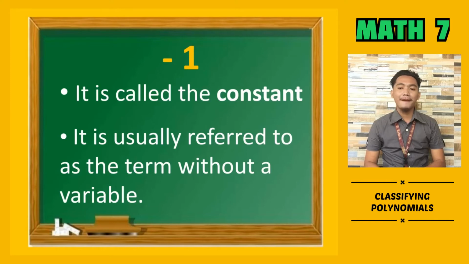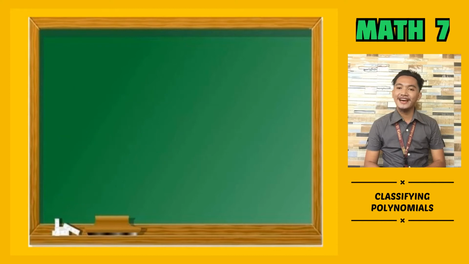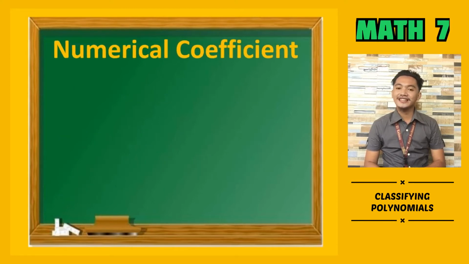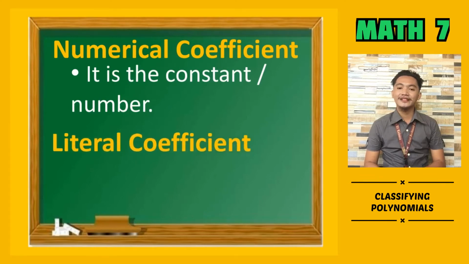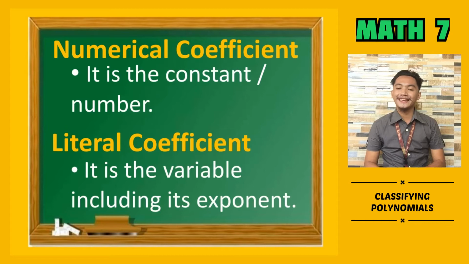Based on those examples, what is now the definition of a numerical coefficient and a literal coefficient? Excellent! Based on those examples, we can say that a numerical coefficient is the constant or number, and a literal coefficient is the variable including its exponent.